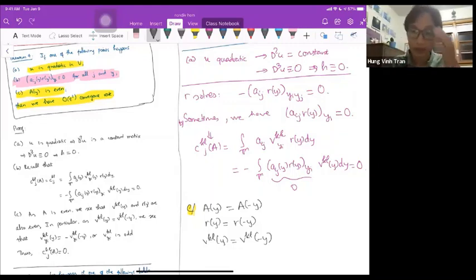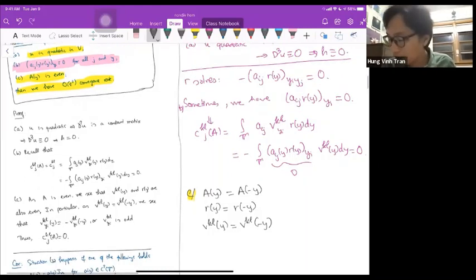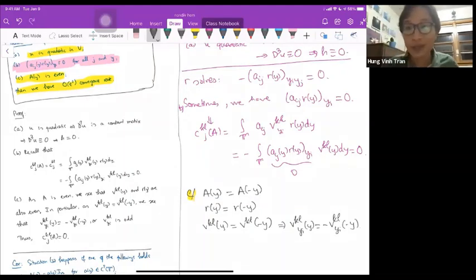So they inherit the even properties naturally. In particular, V_KL is even, right? But if you differentiate that, it becomes an odd function, because the minus sign pops out. So I have V_KL,yi of y equals minus V_KL,yi of minus y, so V_KL,yi is odd.